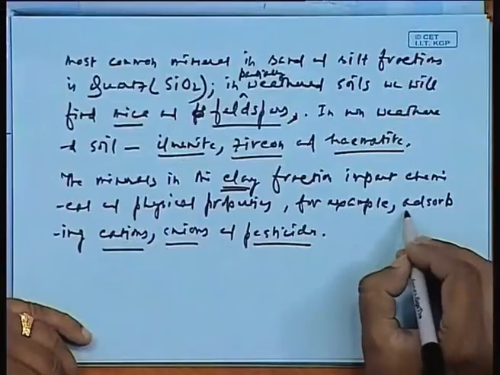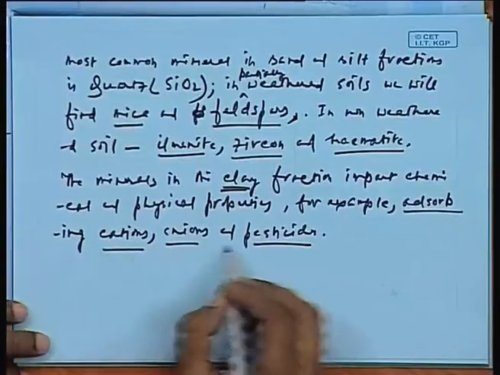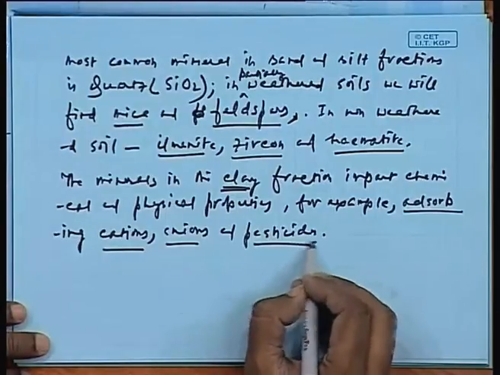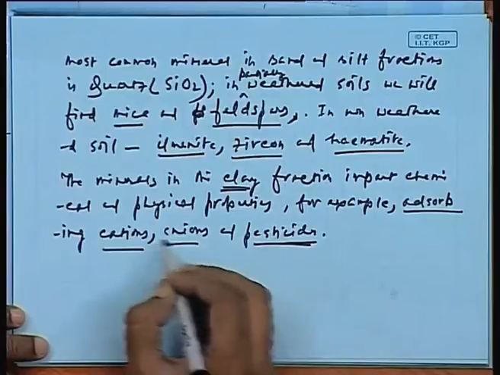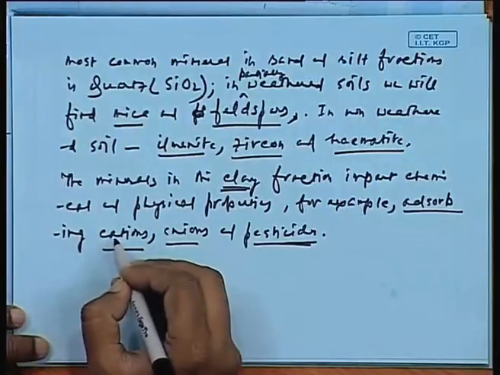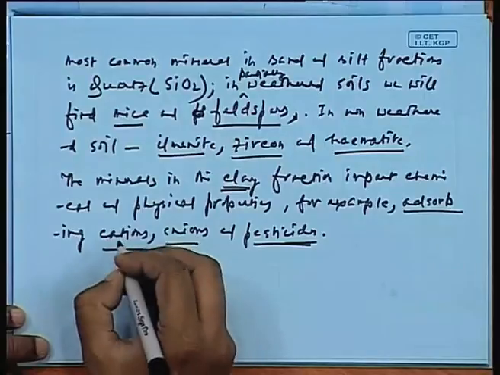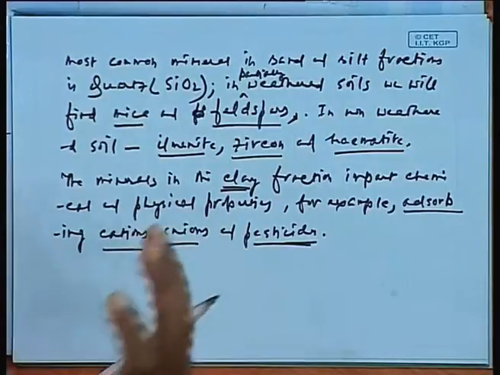But the clay is the particle which helps in adsorbing cations, anions, and pesticides. This is the most important part of the soil, where the soil would be able to use these anions and cations for its growth.